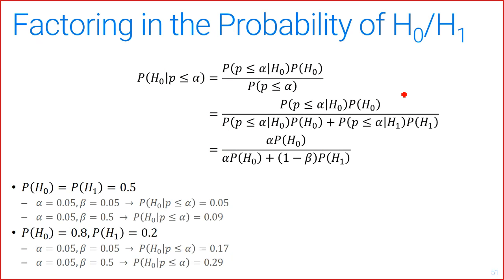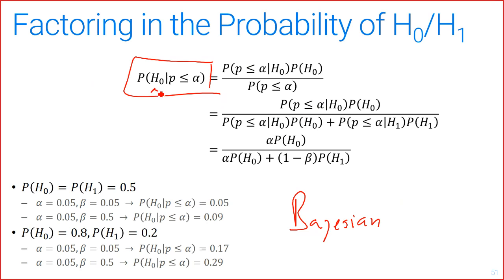At some point we have to factor in the probability of having the null hypothesis or the alternative hypothesis. I'm not going to stop here, but essentially, if we can have a more Bayesian approach towards the whole thing, Bayesian as in Bayes, we could start considering what are the probabilities of the hypothesis being correct or wrong in the first place, and we could try to arrive at something like what is the probability of the hypothesis given the data.